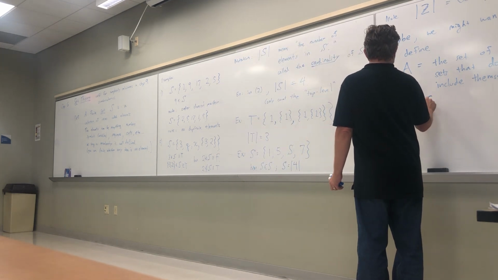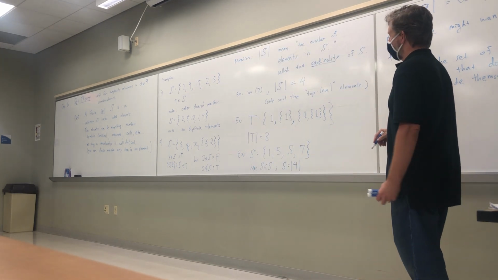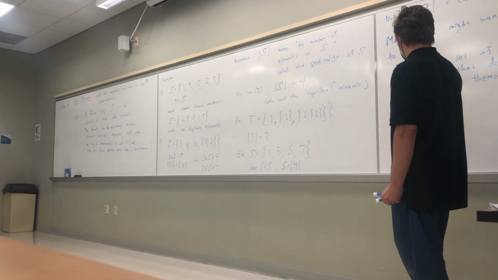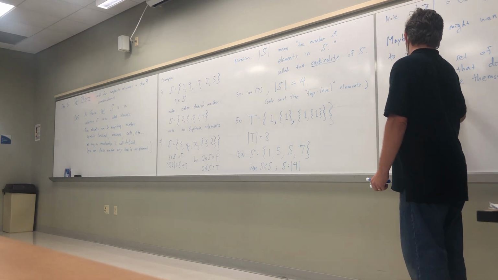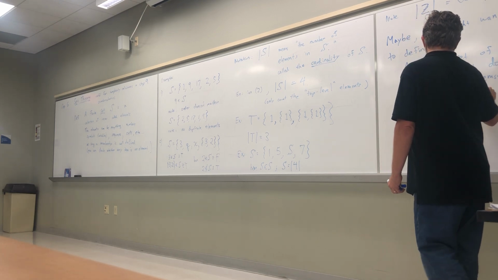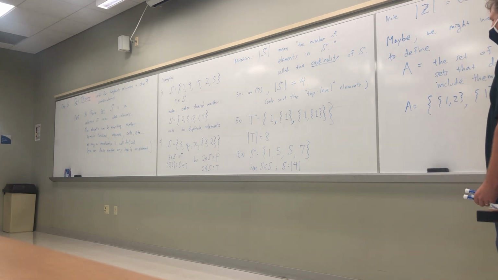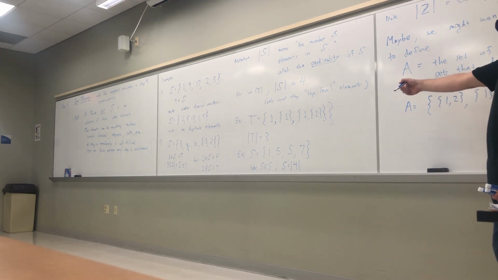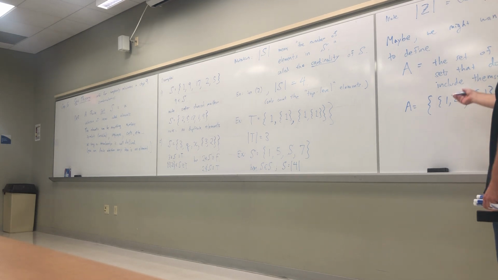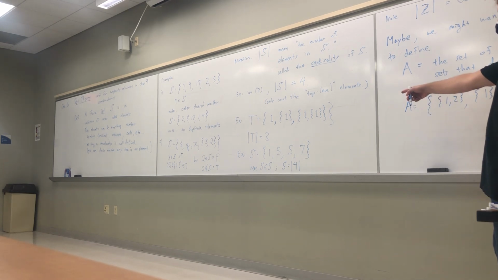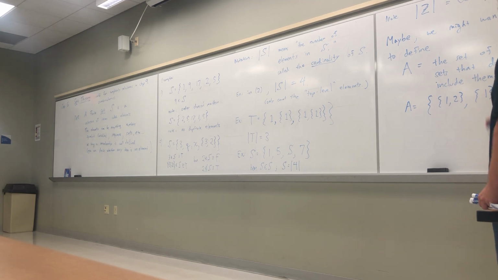You could put things in there like the set of 1 and 2, and maybe just the set of 1, that's fine. But you definitely wouldn't put that S in there. The one that has S as its own element would not go. So, sets that don't include themselves as elements.